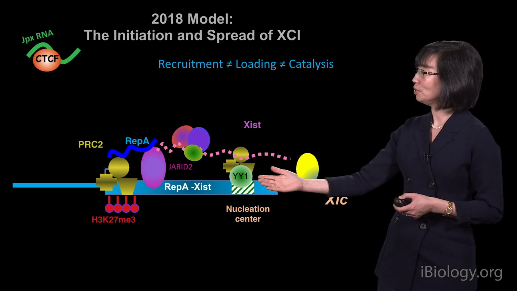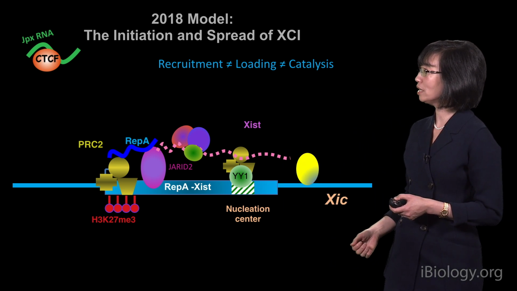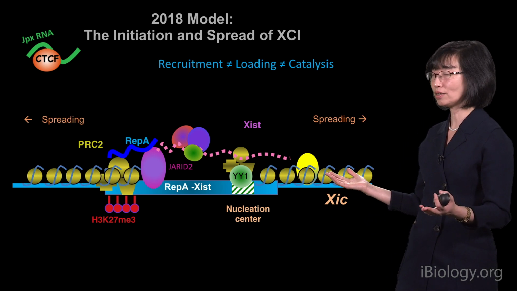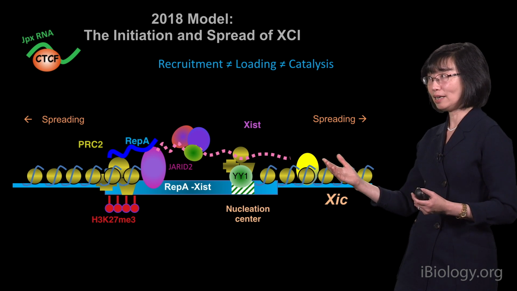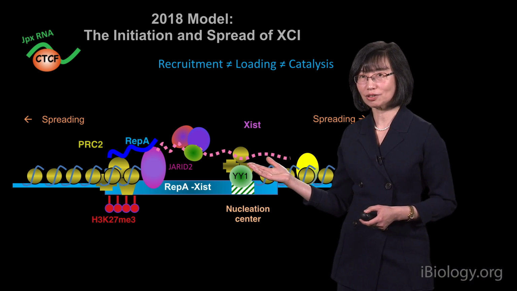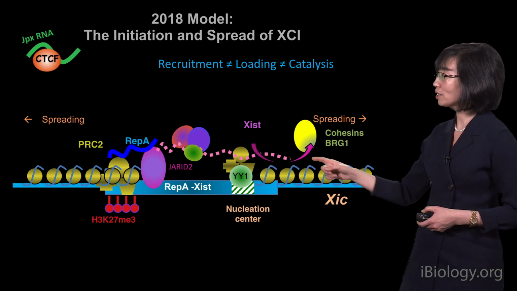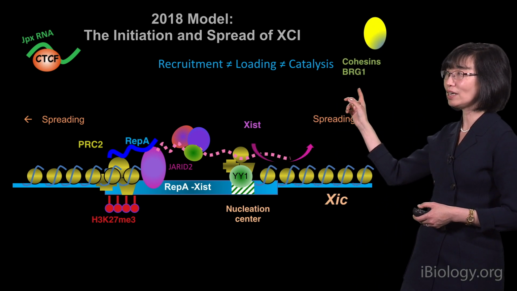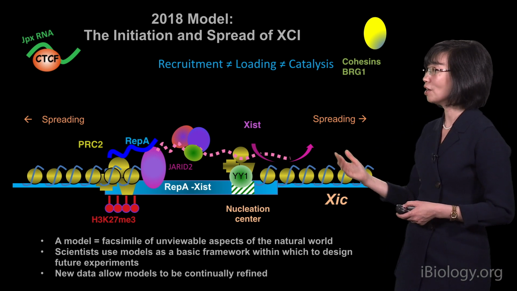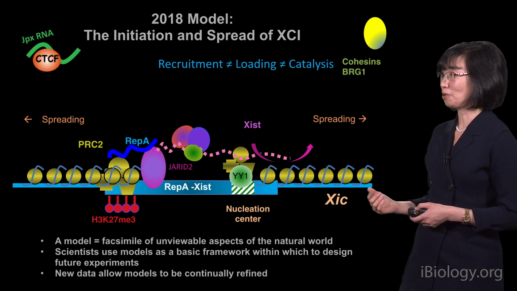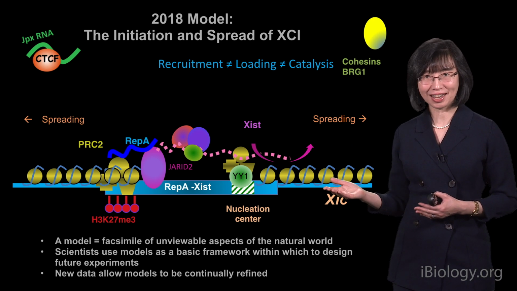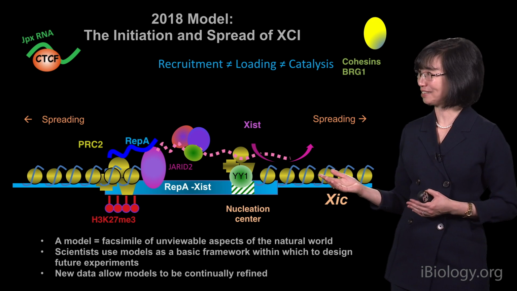So from this single nucleation center, the RNA protein complex then spreads in 3 dimensions across the rest of the X chromosome. And again, it does 3 things. It's not only recruiting silencing factors to the rest of the X chromosome, but it's also evicting activating factors like cohesins and BRG1, or the splicing factor, from that X chromosome. So that, in a nutshell, is how we're viewing the initiation and spreading of X inactivation.